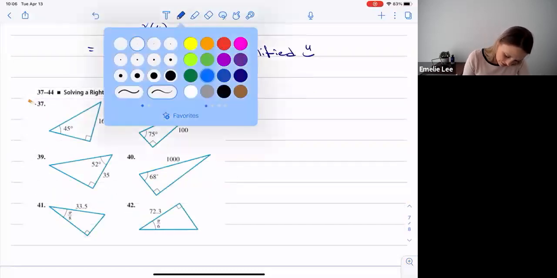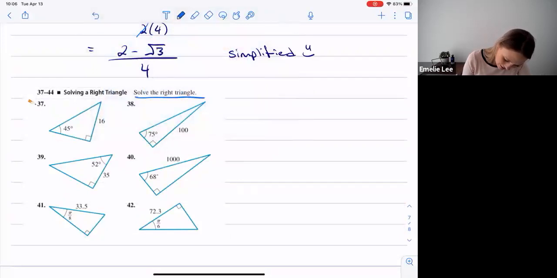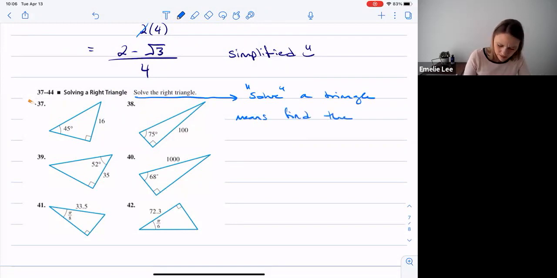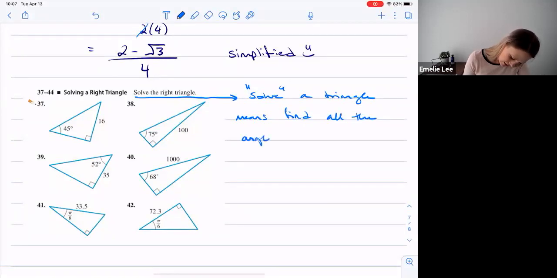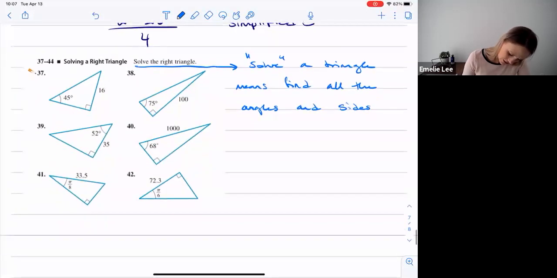But I do want to emphasize that solving a triangle means find all the angles and sides of the triangle.